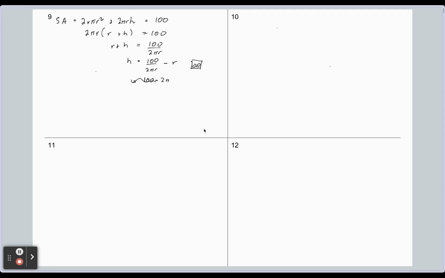We can divide top and bottom by 2, and that will give us 50 over pi r minus r. And now I'll find a common denominator of 50 minus pi r squared all over pi r. I've just multiplied that second term by pi r, top and bottom, to make a common denominator. Okay, so there is our work there.